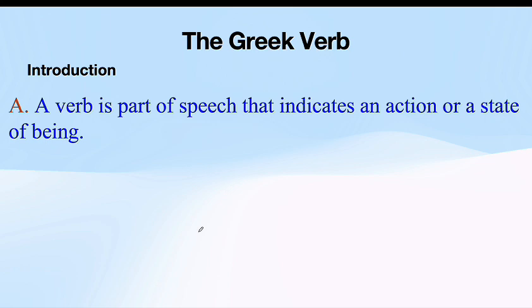A Greek verb is like the English verb, a part of speech that indicates an action or a state of being. So in a sentence, a verb tells you an action. For example, I am teaching you.